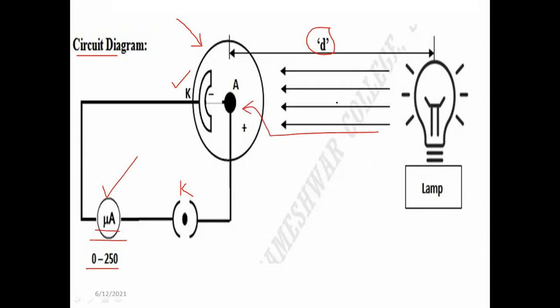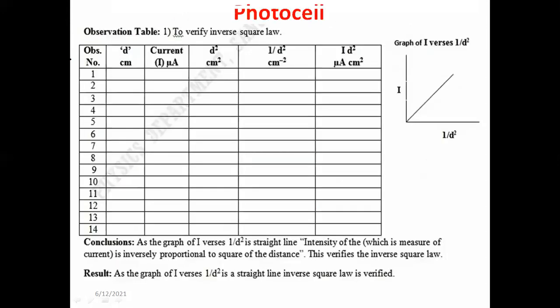In this case, only two readings are needed: 8 to 10 observations of only two quantities, that is d and I. First measure d. Suppose initially d is 10 centimeter and the current is 450 microampere.